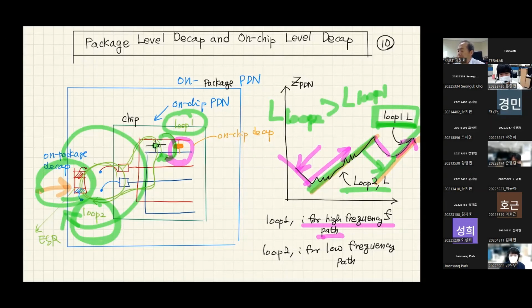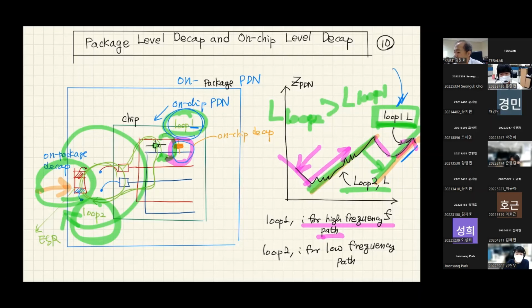And now in this slide, I would like to combine two different levels of PDN, on-chip PDN and on-package PDN, and they have different rules. But anyway, to reduce this on-chip inductance, you have to minimize the loop 1 inductance. How to do that?